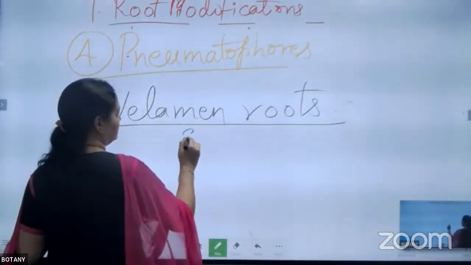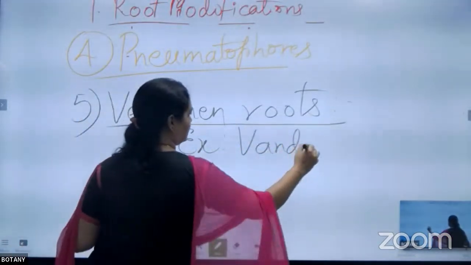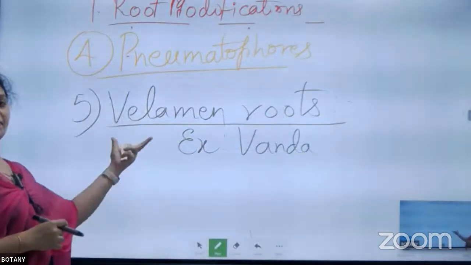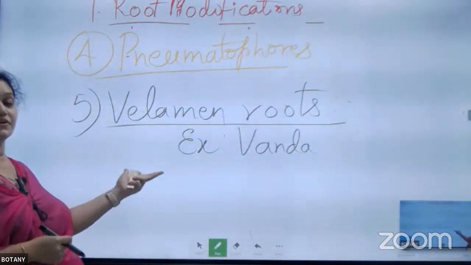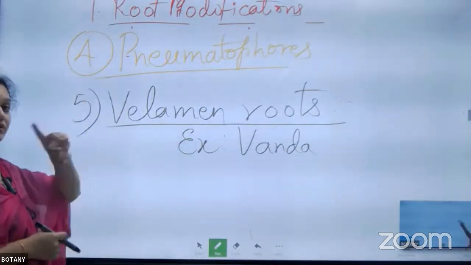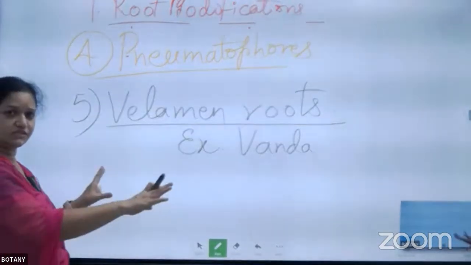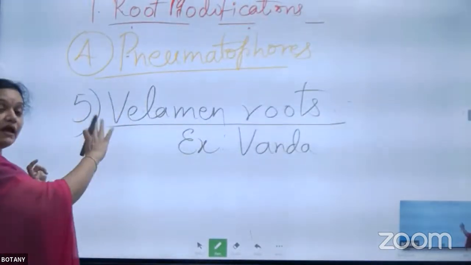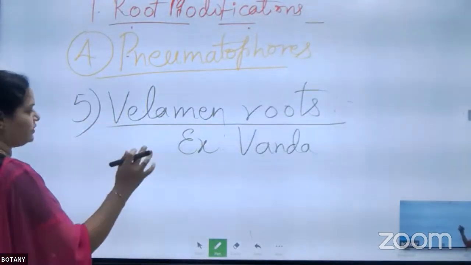Example, Vanda. So here, how the plant arises, where it occurs, and what the root modification is, that is what we have to say here. Two sentences we need to write. Till now, one sentence we have written.